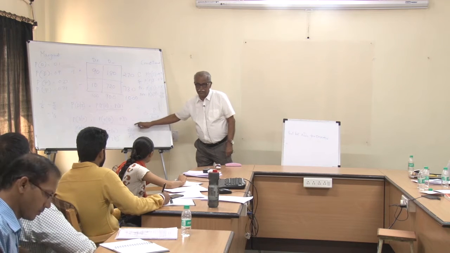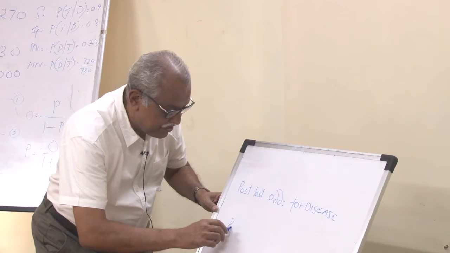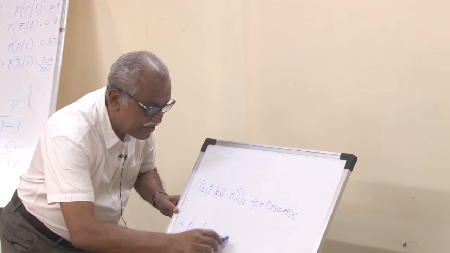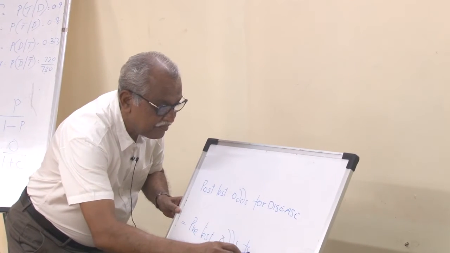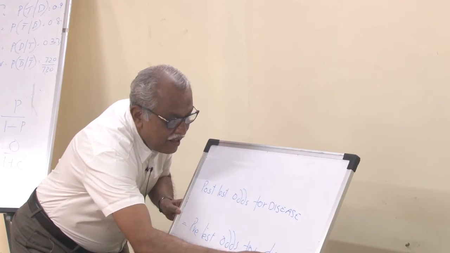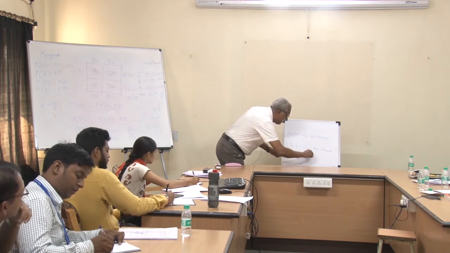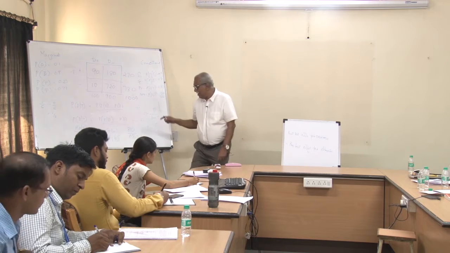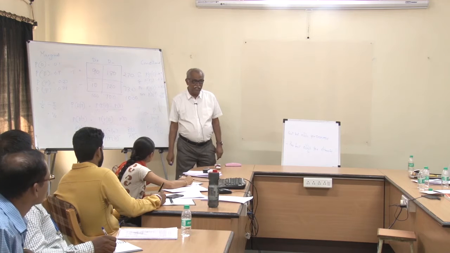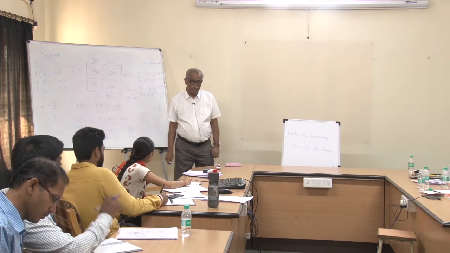This is odds for disease. Pre-test odds for disease, times this fellow, which is sensitivity divided by 1 minus specificity.